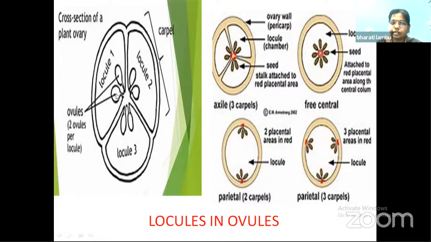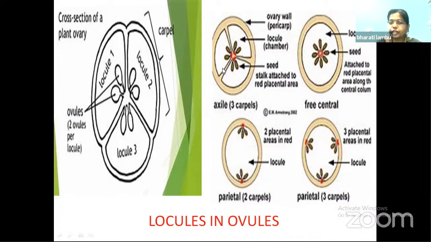So inside the locule, what is present? Ovules are present. How many ovules are present in each locule? It is 2 ovules. It is connected to the ovary wall by this placenta. Likewise, it may have only a single carpel, a single locule may be present with many ovules, or it may have many locules with many ovules.